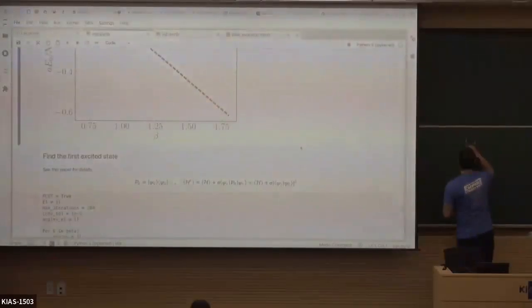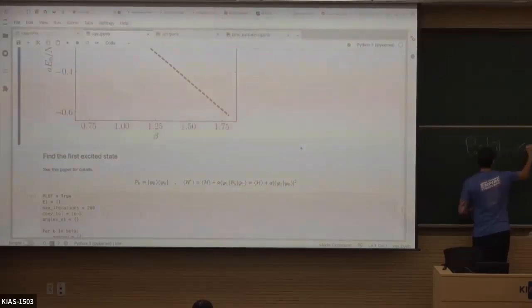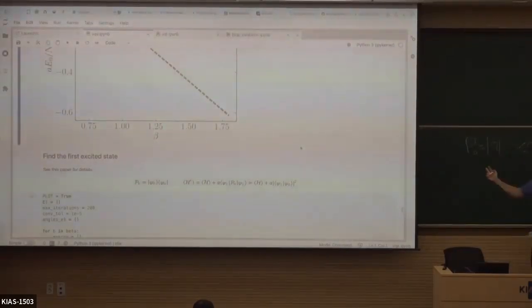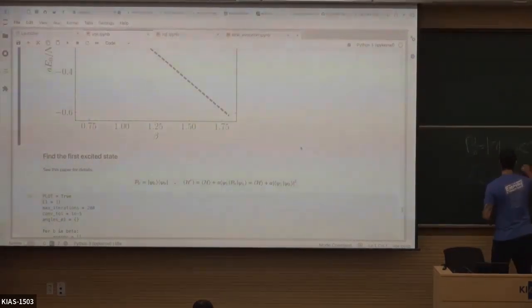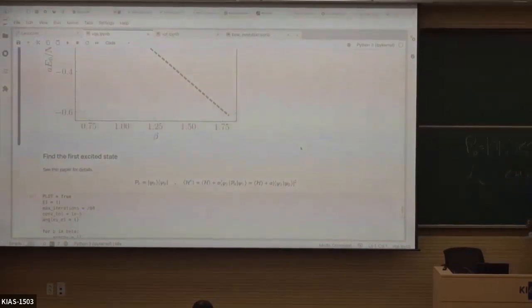So what I'm gonna do is I'm gonna define a projection operator for the ground state, which is written as this. So what this is gonna do is basically project any state onto my ground state. And then if I write my loss function as an expectation of the Hamiltonian plus any state times the projection onto the ground state, this will basically act as a regularization term and push my ground state to the first eigenstate, right?